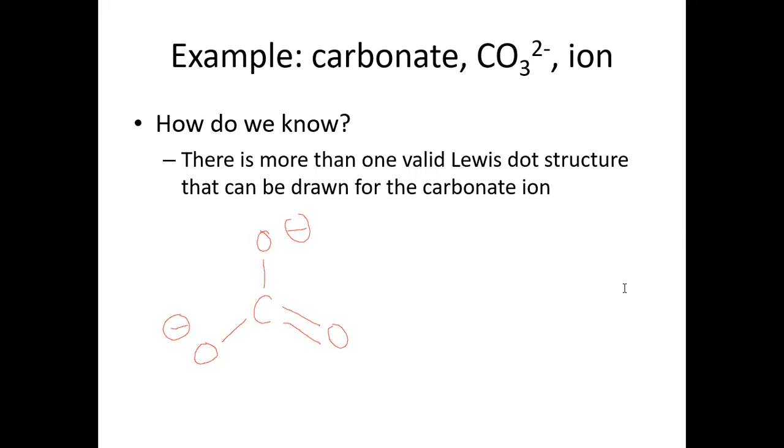So if you draw a Lewis dot structure and you say, I have to put a charge on something, but I have multiple atoms I can choose from, then you can tell yourself, wait, if I have these multiple charges that have to go on and I have more atoms, why did I pick these two? Why didn't I pick that third one? So this is a good example that you probably have resonance, and having that charge is usually a good indicator that you do have resonance.